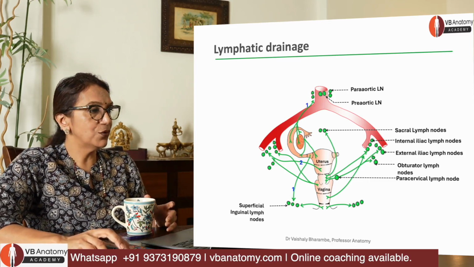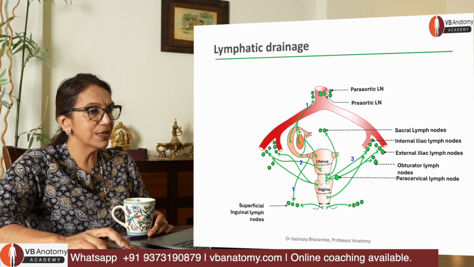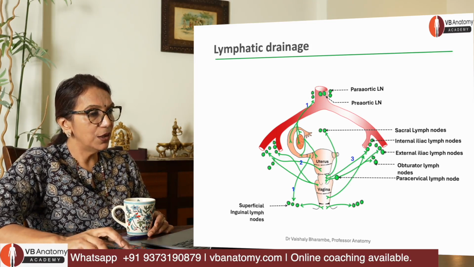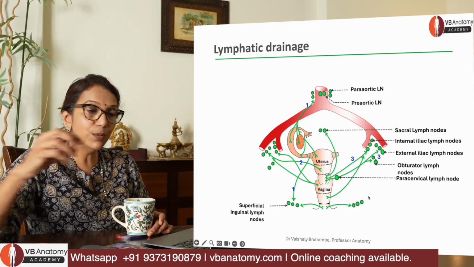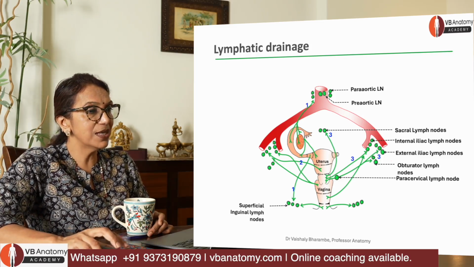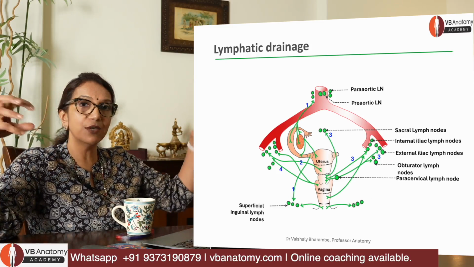The lower part of the uterus drains laterally into the external iliac group of lymph nodes. The cervix drains laterally into the internal iliac lymph nodes, external iliac and obturator lymph nodes, and to sacral lymph nodes. Come further below, the vagina drains into external iliac.